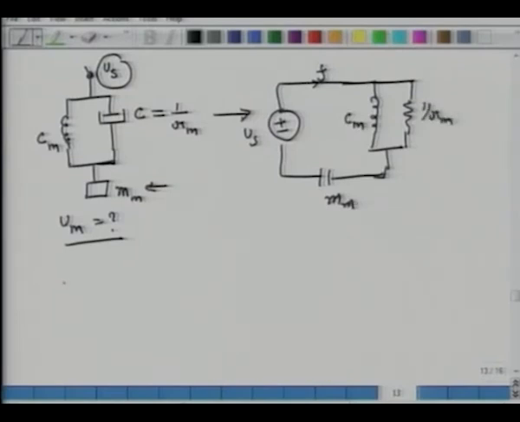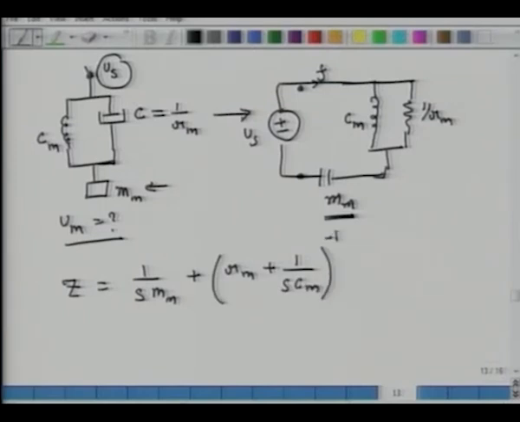So my overall impedance across these two points is 1 over S times the moving mass, which is because of the capacitance, and then for the inductance and the resistance I get Rm plus 1 over S times the inductance, which is Cm, and then I take the inverse of that.